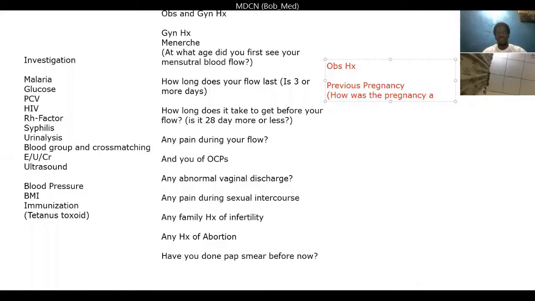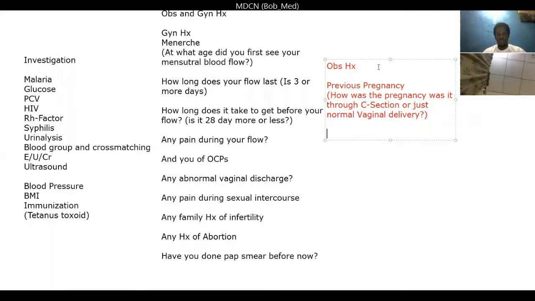Was it cesarean section, or was it normal vaginal delivery? Okay, so these are the first set of questions you want to ask.